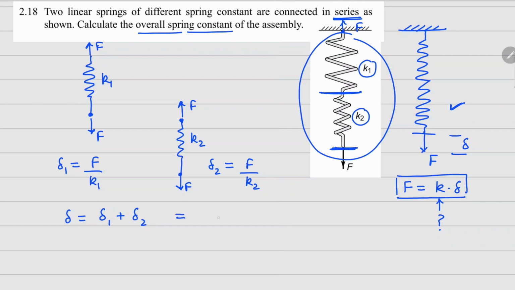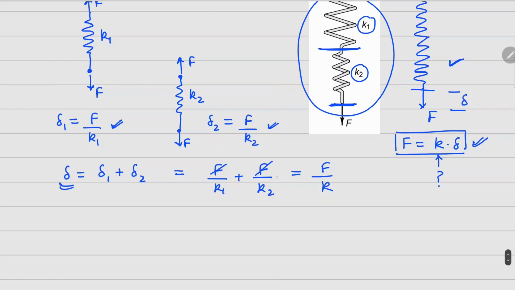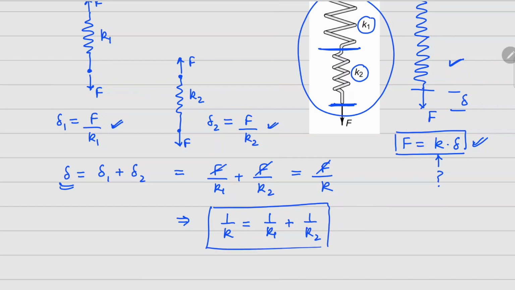So if I do this, I can write down from here the value of delta 1 and the value of delta 2 from here, and this delta value on this side I can pick up from this relationship, which is F divided by K. Now in here we can cancel these three F's, so that 1 over K is equal to 1 over K1 plus 1 over K2, which is that famous relationship for springs in series, which can also be written as K equals K1 K2 divided by K1 plus K2.